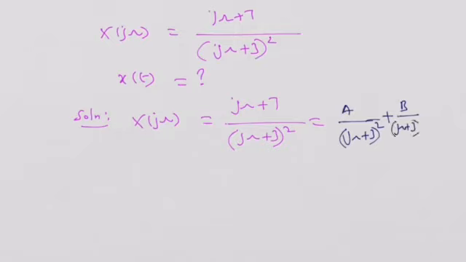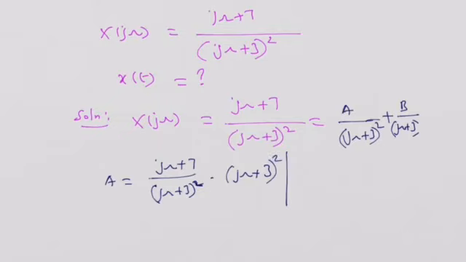Yes, if we can obtain this, I can find the constant a. A can be obtained by taking the whole expression X of j omega, j omega plus 7 divided by j omega plus 3 the whole squared, multiplied by j omega plus 3, the denominator polynomial under the constant a, and after simplification replace j omega by minus 3, isn't it?